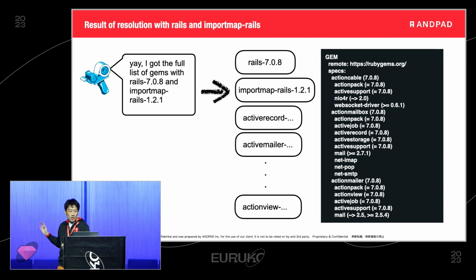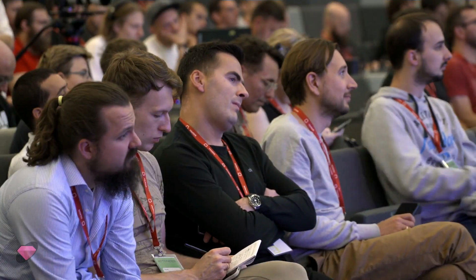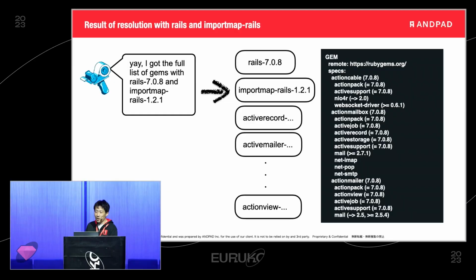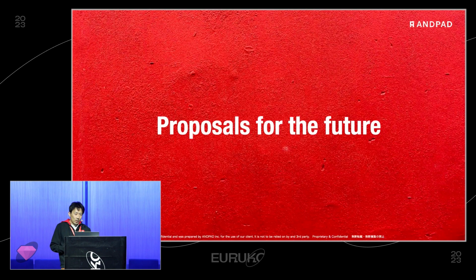This is an example with only two gems, Rails and importmap-rails. In a real application at your company, you have over 50 or 100 gems in a Gemfile, so Bundler and PubGrub resolve a truly complex graph of dependencies.